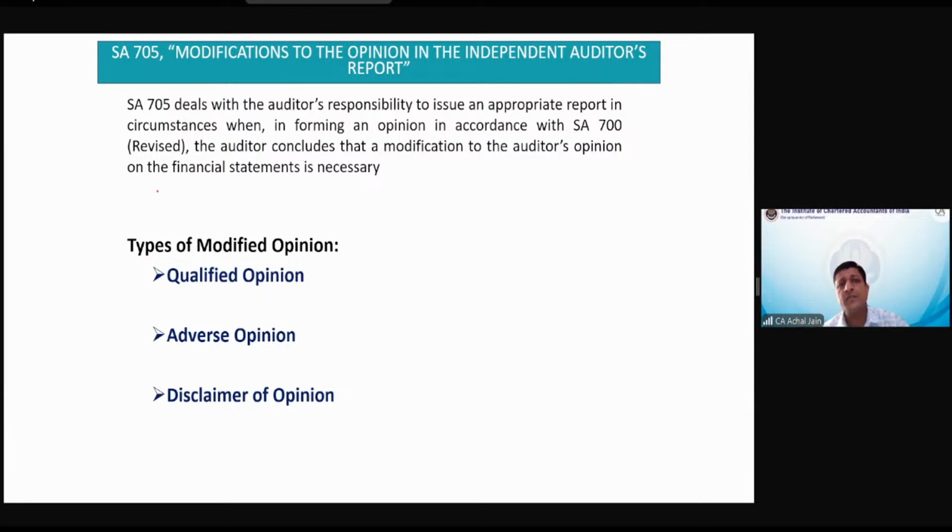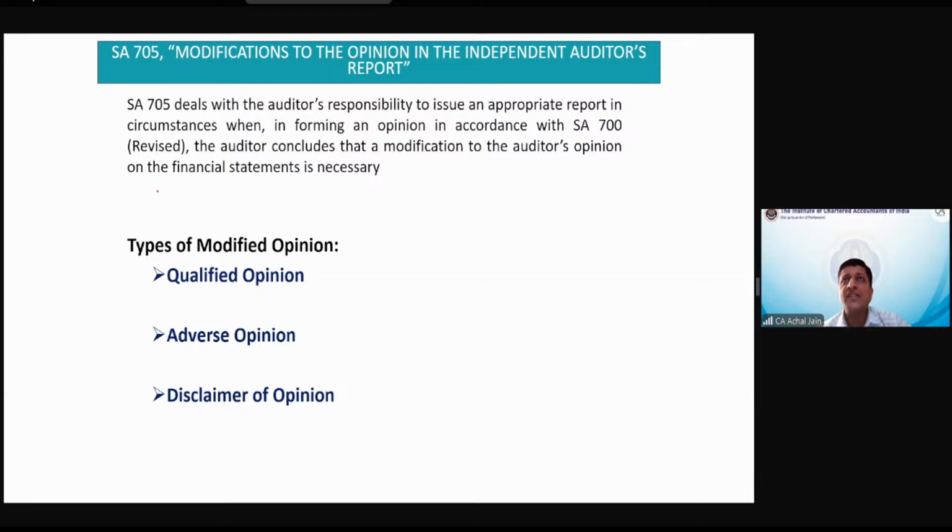Now, talking about this modified opinion, or modification in the auditor's report, modification could again be bifurcated into three categories. You may be thinking, sir, are these all modifications? Yes. Whenever the report is modified, you will not just call it a modified report.